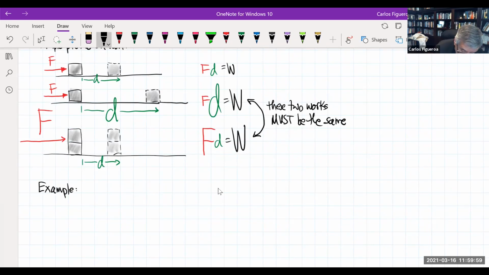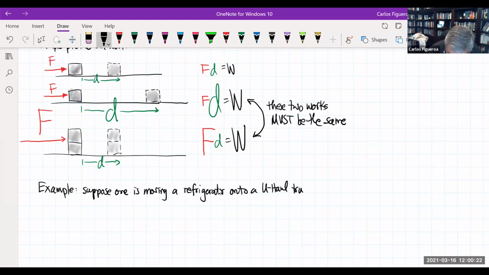Suppose one is moving a refrigerator onto a U-Haul truck, right? A U-Haul truck.